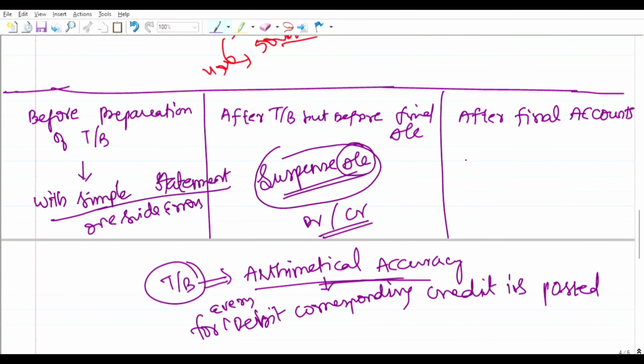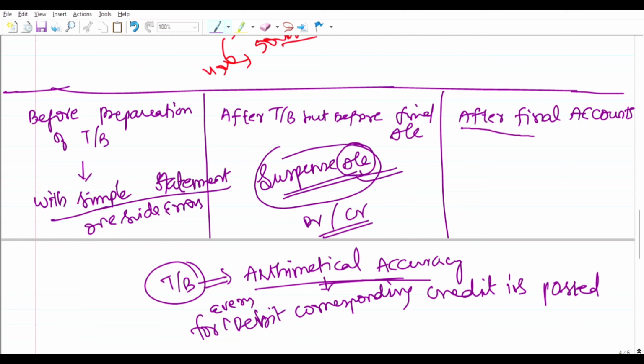And the next one is after preparation of final accounts. Before the preparation of trial balance, after trial balance and before final accounts, we have incorporated the suspense account.